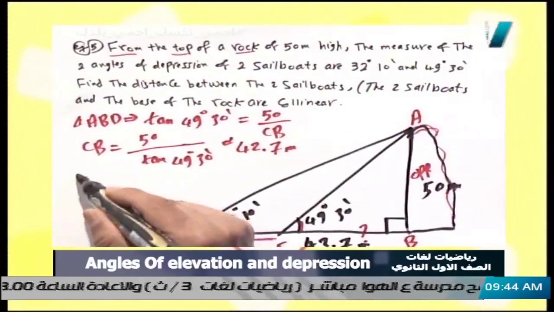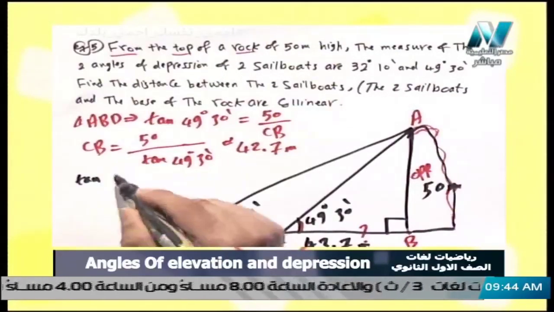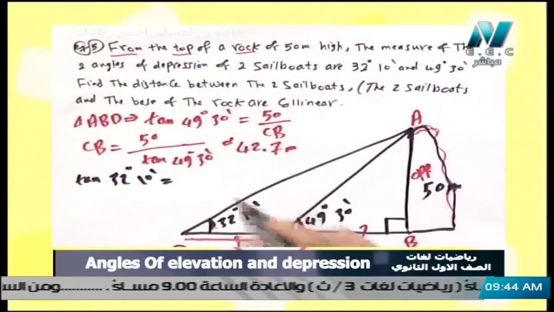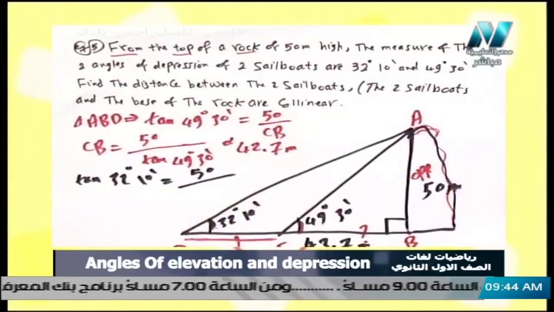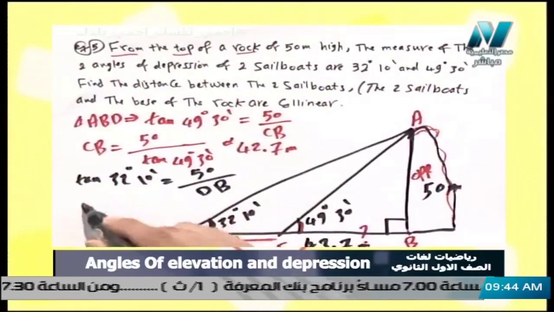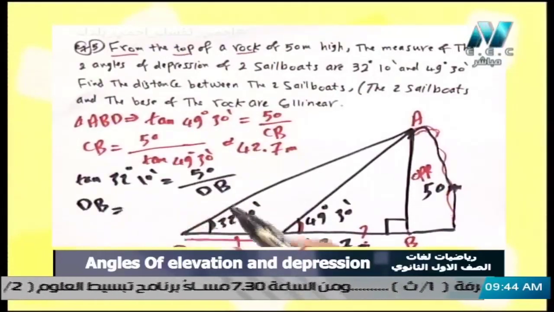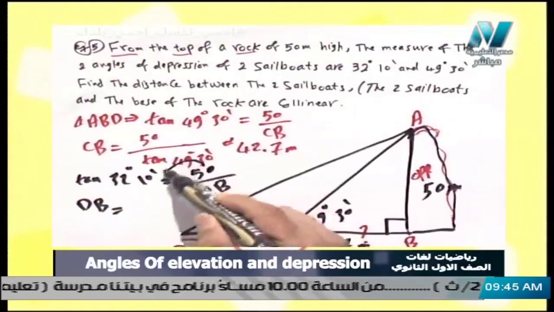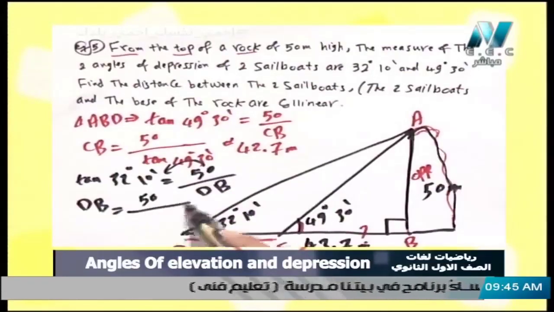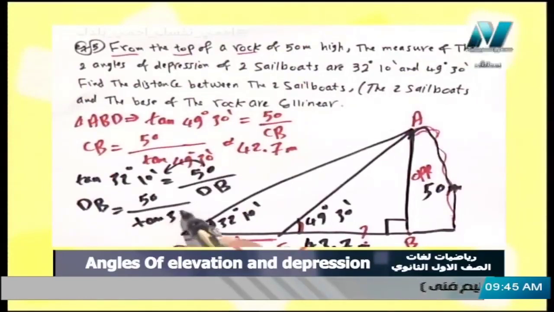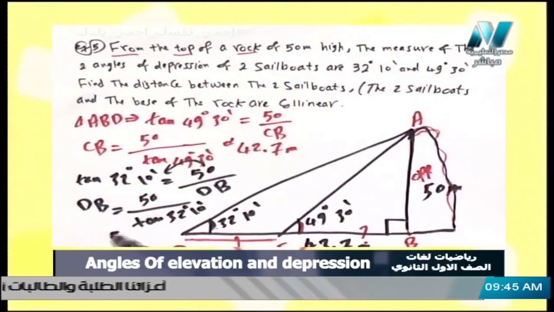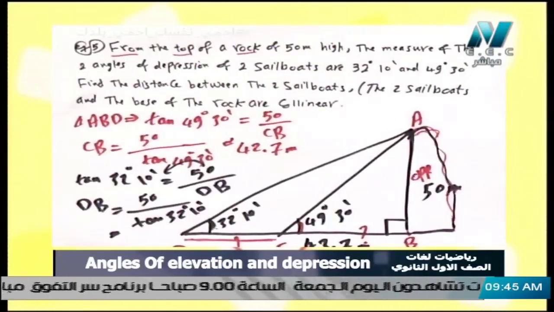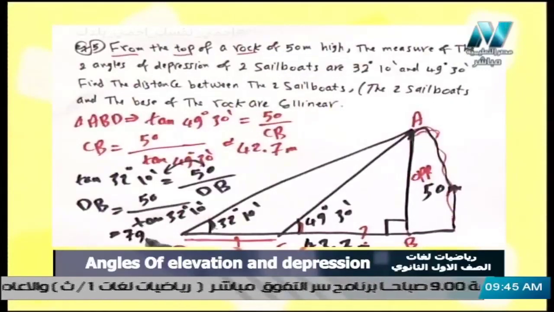To find the length of DB, we will deal with this angle, and for this angle we have the opposite side, which is 50, and we have the adjacent side, which is unknown, which is DB. Okay, so tan of the angle 32:10 equals opposite, which is 50, over adjacent, which is DB. So DB, when the unknown is in the denominator, we will directly divide the numerator 50 over tan 32:10. So DB here equals approximately 79.5 meters.